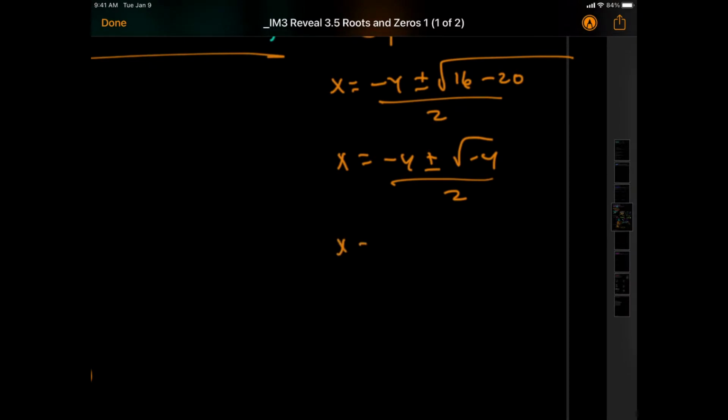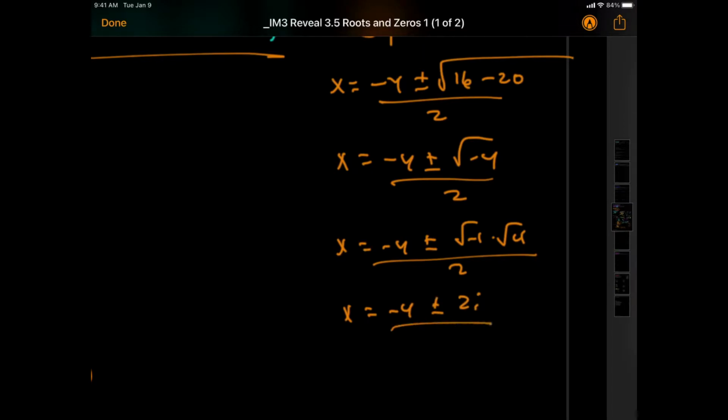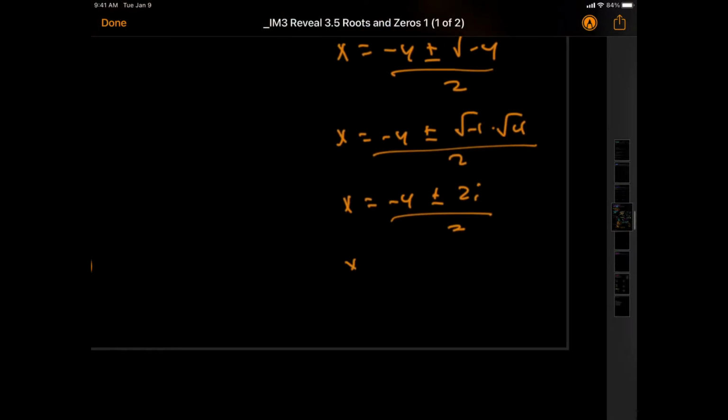And then you have negative 4 plus or minus negative 1 times square root, or positive 4 over 2. So it'll be negative 4 plus or minus 2i over 2. And then you factor out a 2. These cancel, and you're left with this answer. x equals negative 2 plus or minus i.